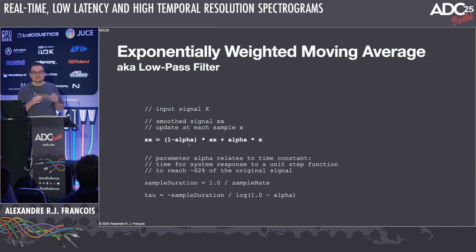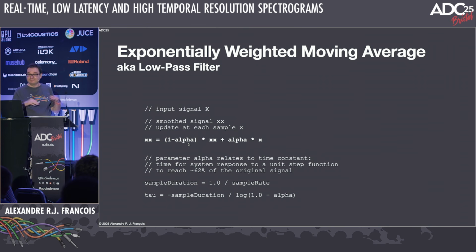What does it mean for us? You're computing basically a moving average without buffering, where the weight of each measurement decreases exponentially in time. So your latest measurement has a higher weight than the older ones, and it goes down. And that makes sense from a perceptual point of view, right?